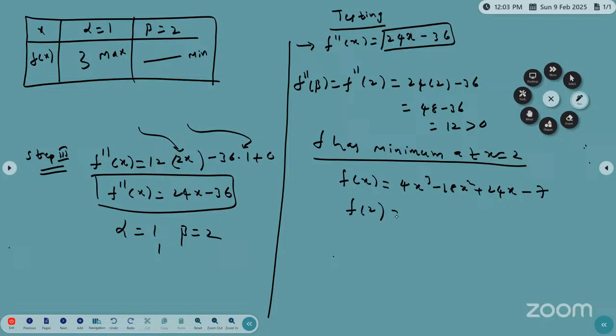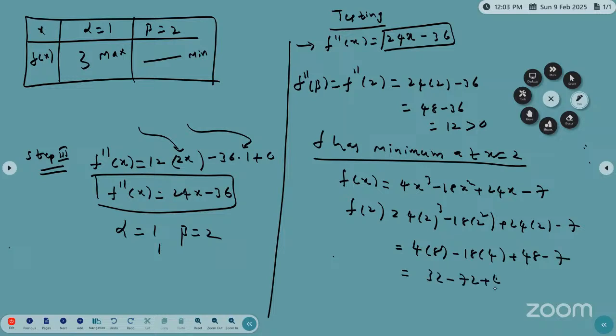Substitute this second stationary point: 4 into 2 cube, 18 into 2 square, 24 into 2 minus 7. 4 into 8 is 32, minus 18 into 4 is 72, plus 48 minus 7. 80 minus 79, which is 1.